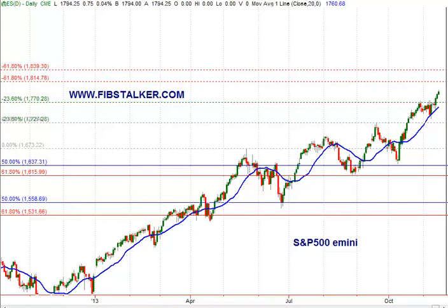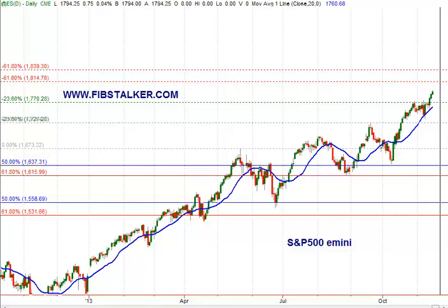So congratulations to those who followed the advice and went long back in June. If we get to 1814, keep following. I'll provide you with the level where we could get additional or continuous participation to keep moving this price higher.